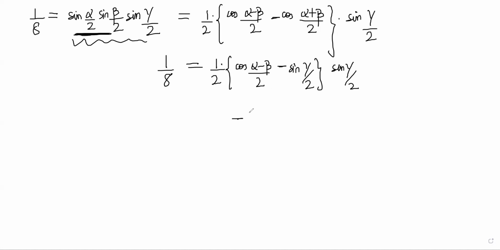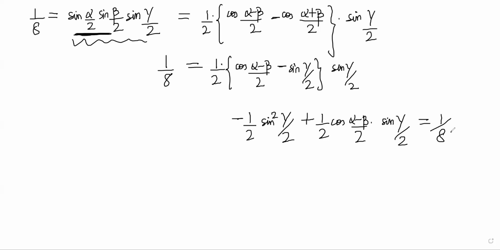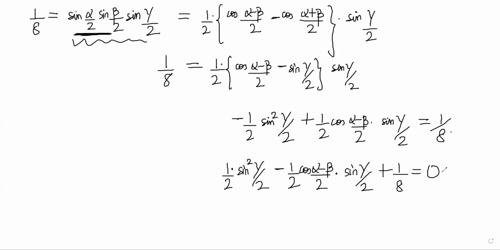And if you simplify this equation a little bit, it looks like this: minus half sine square gamma by 2 plus half cos of (alpha minus beta) by 2 into sine gamma by 2 is equal to 1 by 8. So if you rewrite this equation a little bit, it will look like this: half times sine square gamma by 2 minus half cos of (alpha minus beta) by 2 times sine gamma by 2 plus 1 by 8 is equal to 0. This is the equation that we are getting, right?